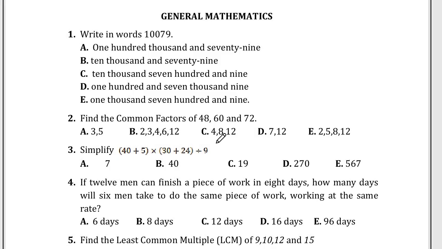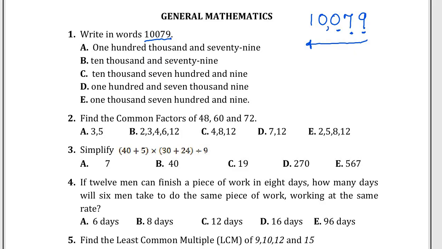Write in words 10,079. For you to be able to read any number properly like what we have here, the first thing you must do is to group the number in threes from the right to the left. So in threes we have 1, 2, 3.